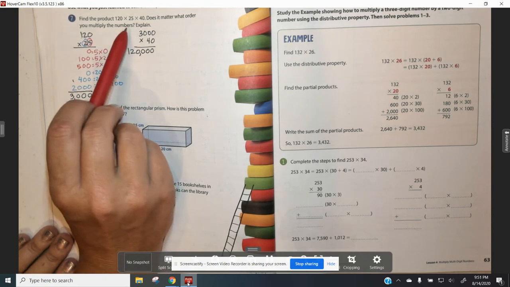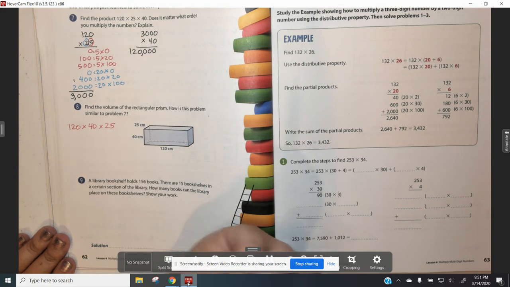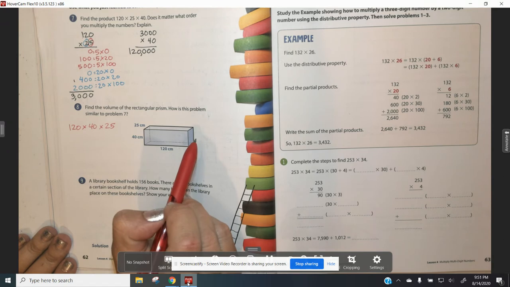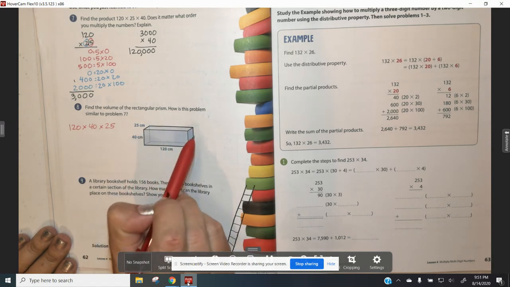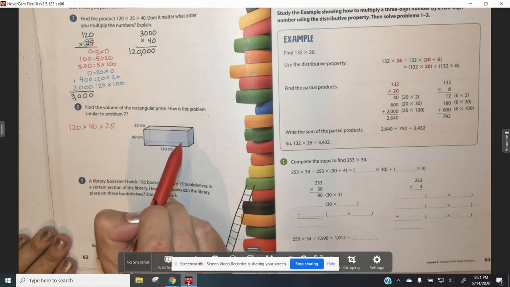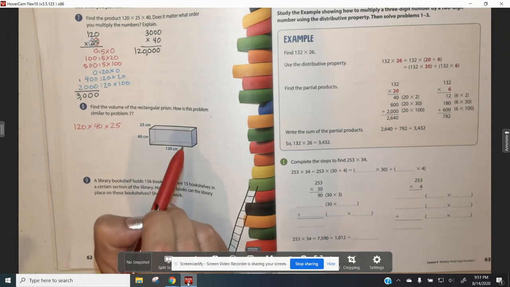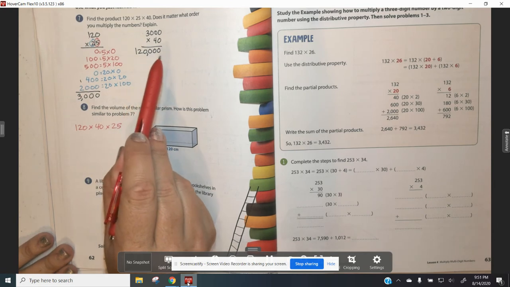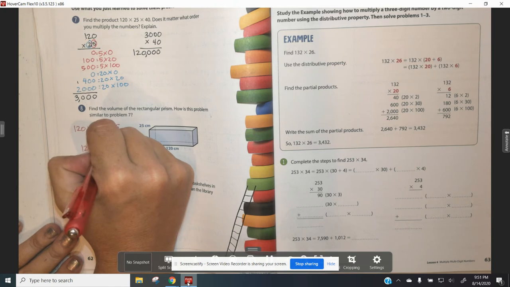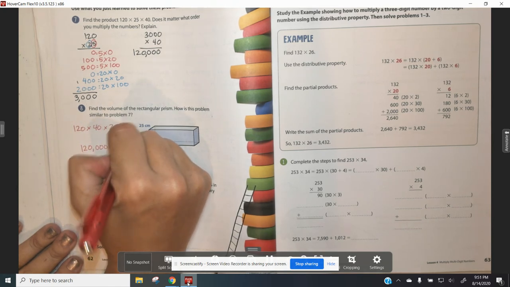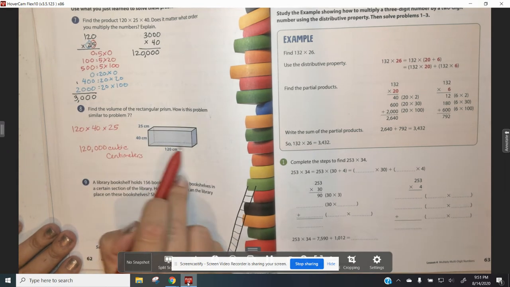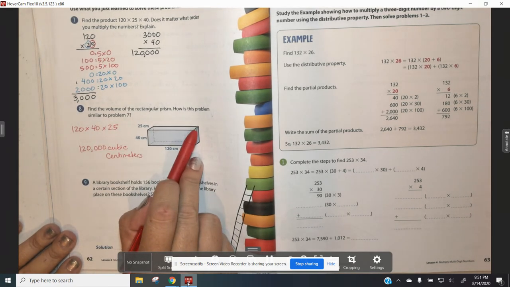What's cool is, up here, you're just being asked to multiply some numbers, but they don't mean anything. Down here, what's super cool is they're asking you to find out how many cubic centimeters fill this rectangular prism. So you know that there are 120,000 cubic centimeters that fill this rectangular prism.